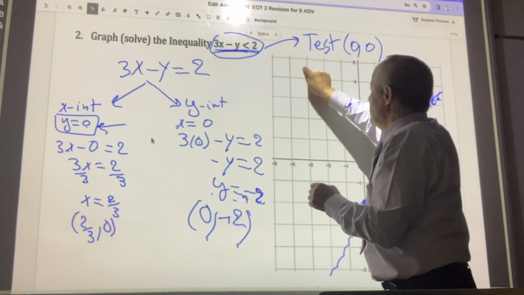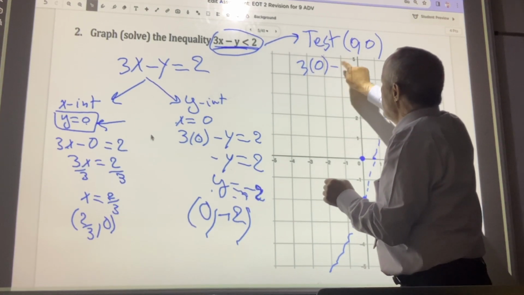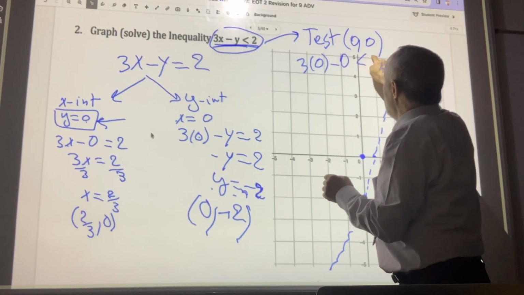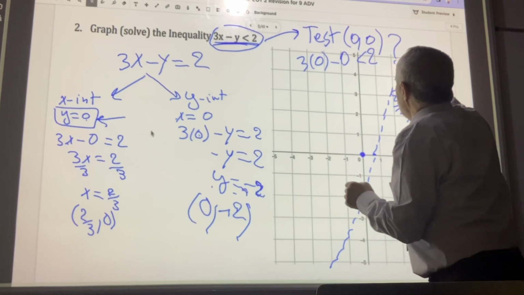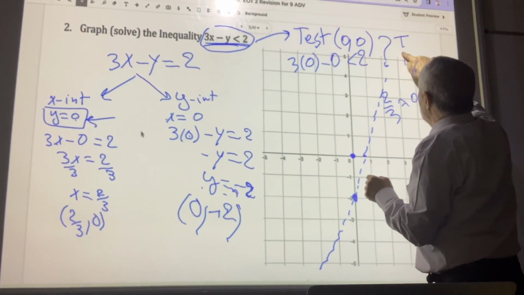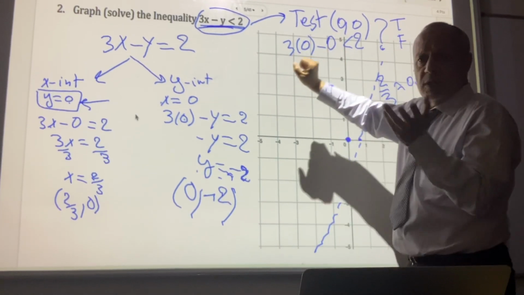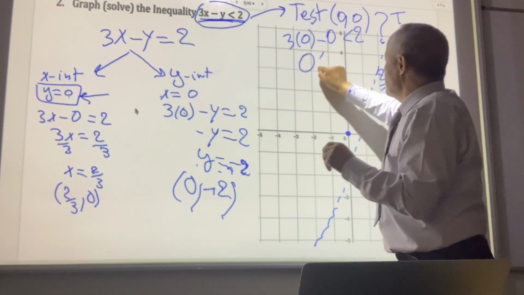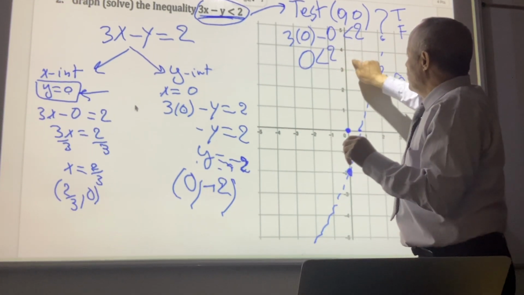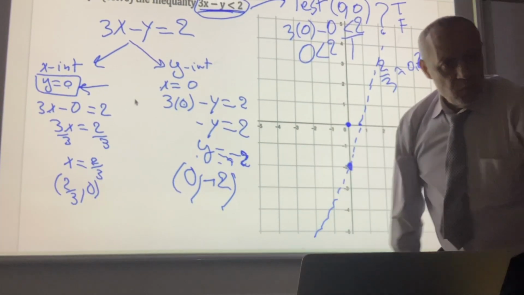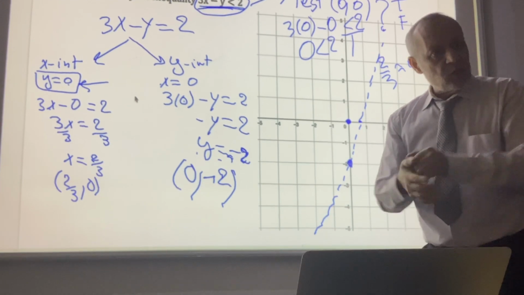I get 3 times 0 minus 0 less than 2. Ask myself, is this true or false? 3 times 0 is 0, minus 0 is 0. You get 0 less than 2. True or false? True. When it is true, you shade the region that contains this point.